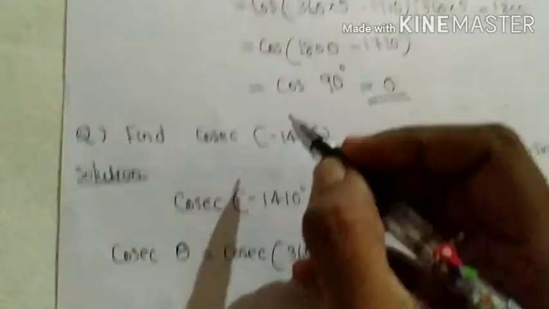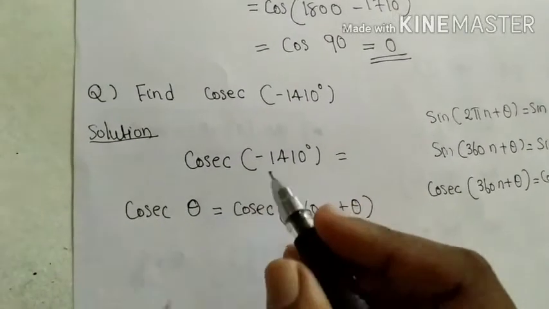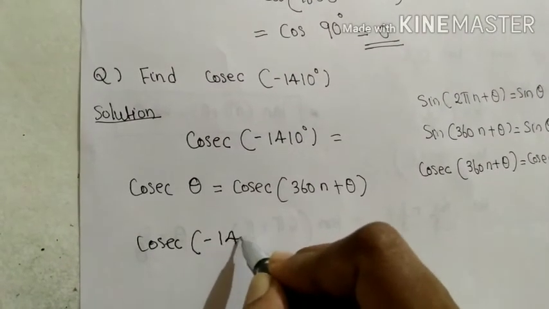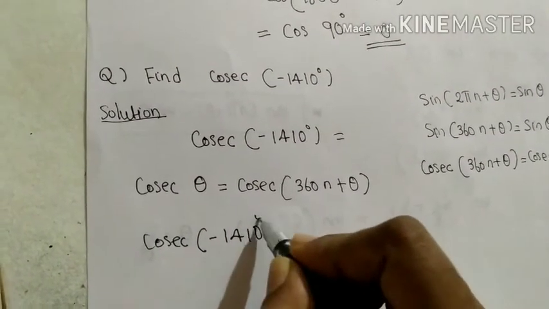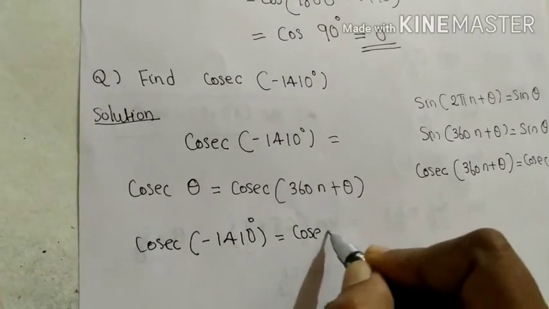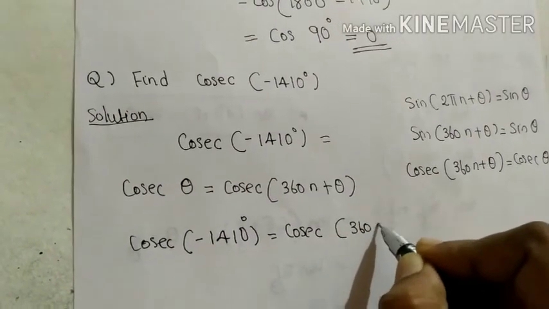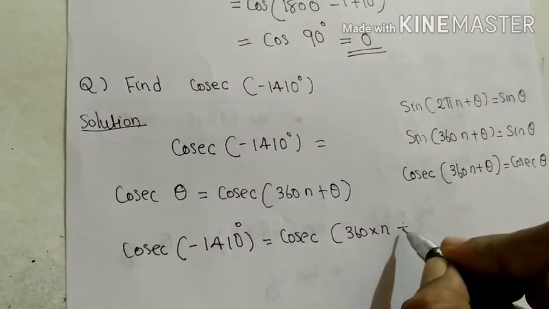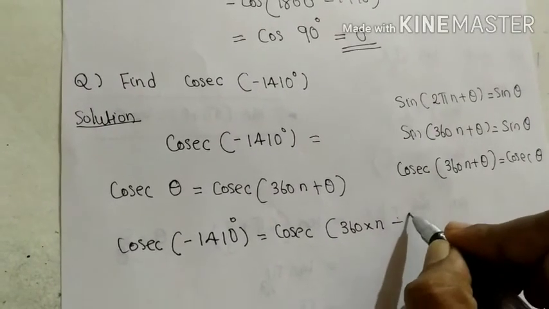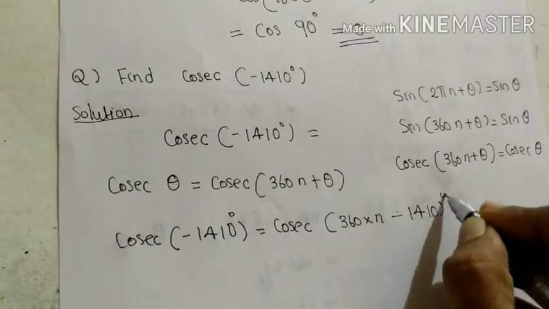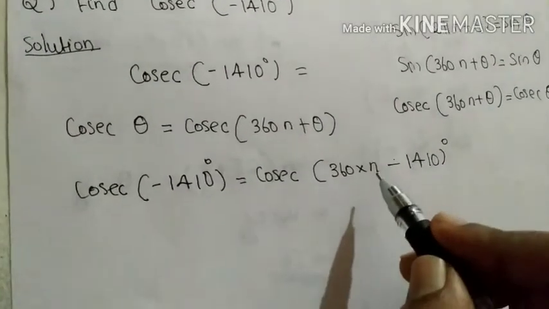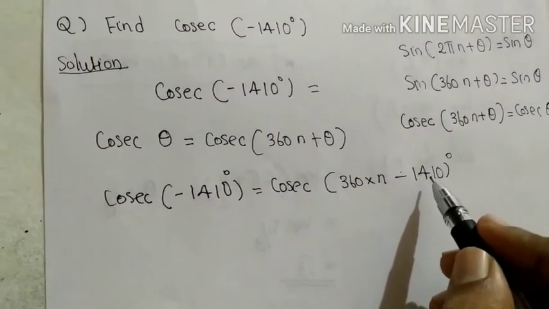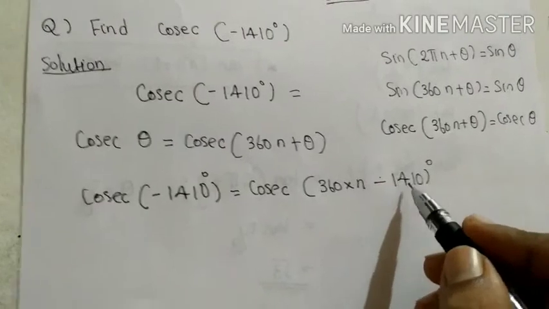Next I am going to replace this theta by our given degree, that is cosec of minus 1410 degrees is equal to cosec of 360 into n plus, here minus is here, so I write minus 1410 degrees. Next we need to find out the value of n, which is near to 1410 degrees.